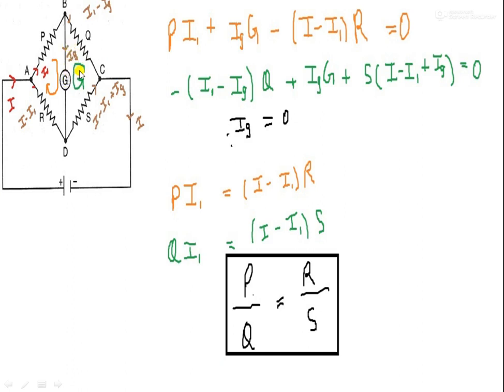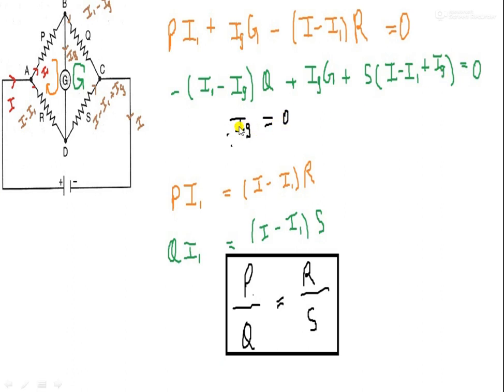Ig is coming like this, I am also moving like this. So same direction, so plus Ig multiplied by G. When I go further, then this resistance S and the current I minus I1 plus Ig are also in the same direction, so again positive, equals 0.